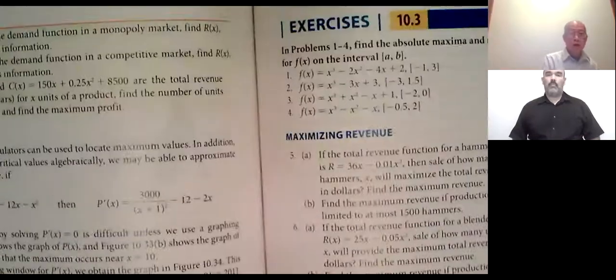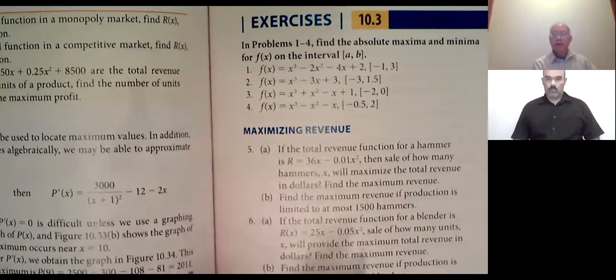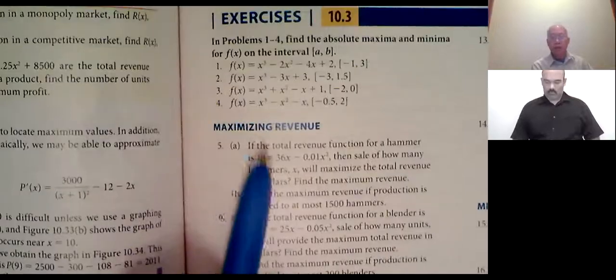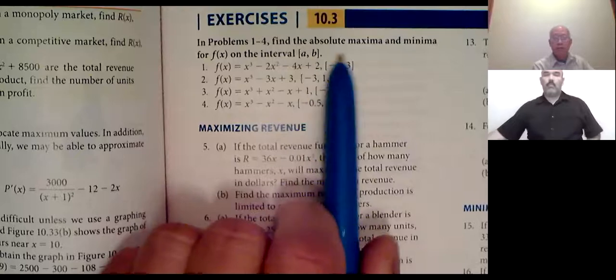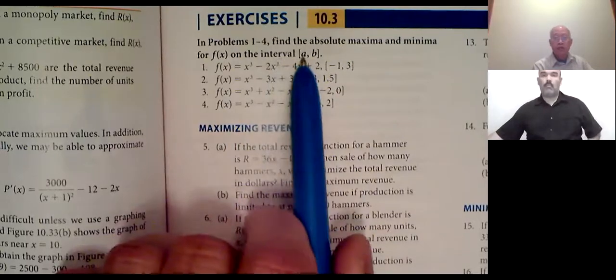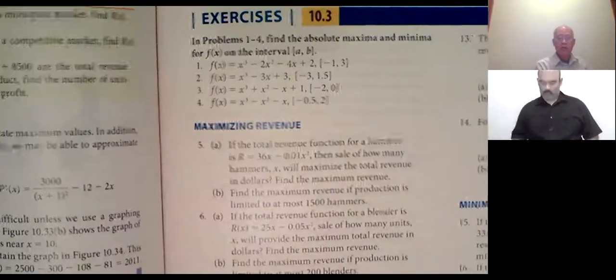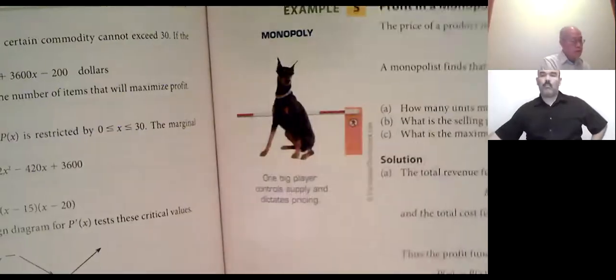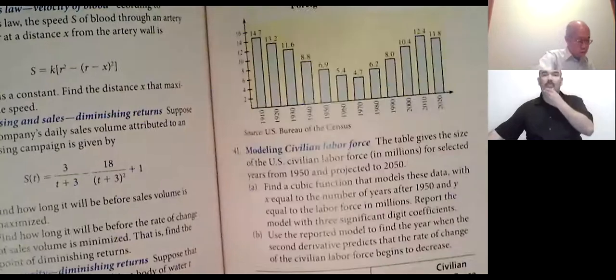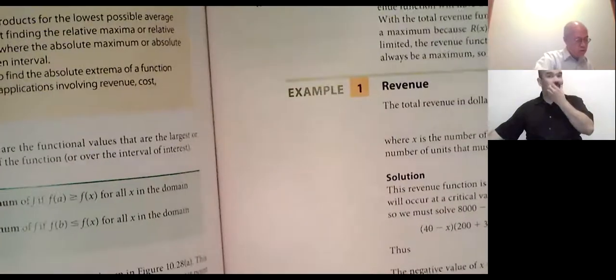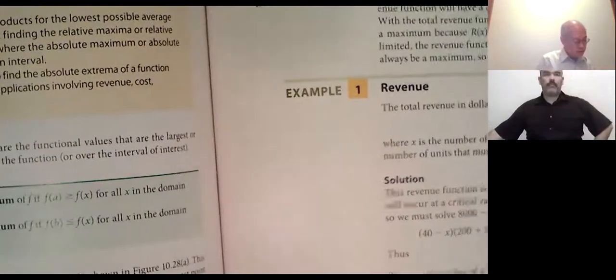Concepts first, 10.3. The first problems, again, these problems may not match yours, but I'm just talking in generalities. Find the absolute maxima and minima of a function on a closed interval from A to B. Let me show you something in the book.